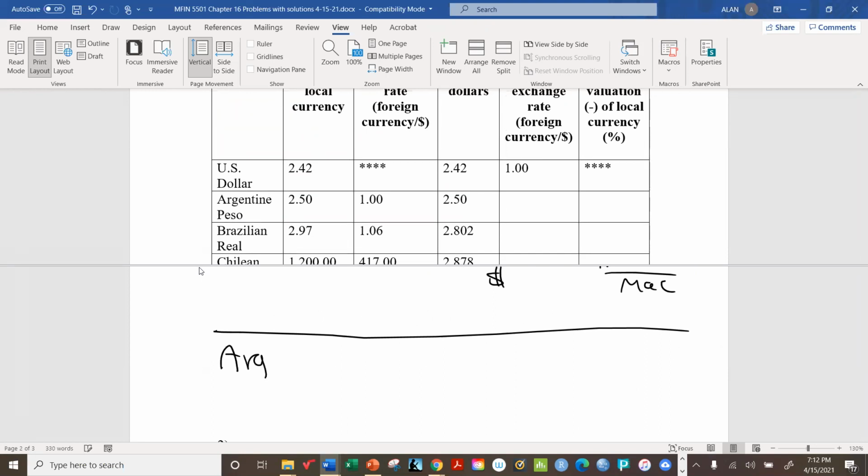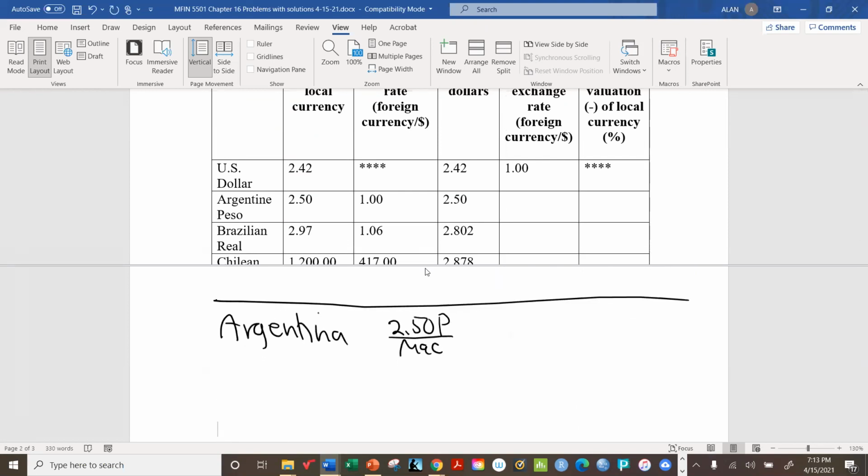What we're aiming for here is the price of the Big Mac in the local currency, and there you divide by the dollar price of the Big Mac. So in other words, in each of these cases, we'll be dividing by 2.42 per Mac.